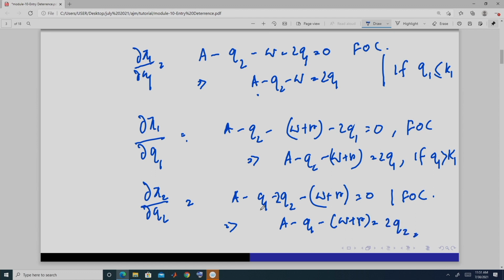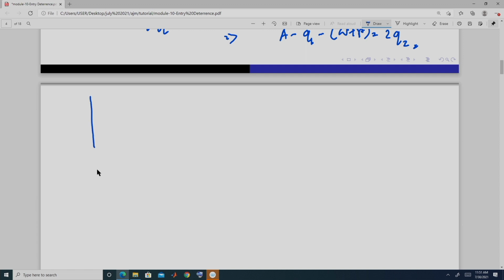So, these are the reaction functions, and if we plot them, we will get something like this.